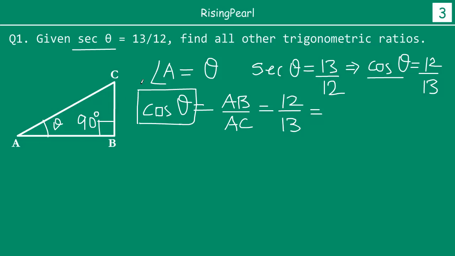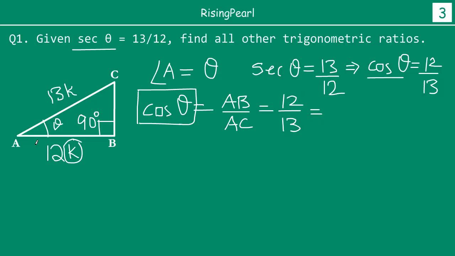We do not know the exact dimensions, but we can assume that AB can be, let us say, 12k. What is k? K is any positive real number. If this is 12 times k, then this automatically becomes 13 times k. Why? Because the ratio is this.